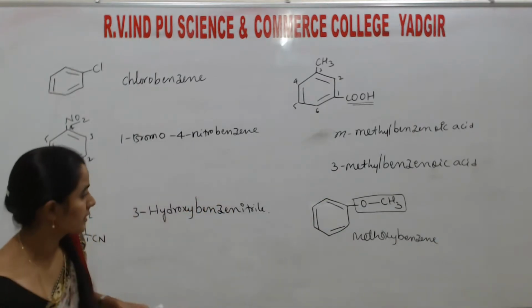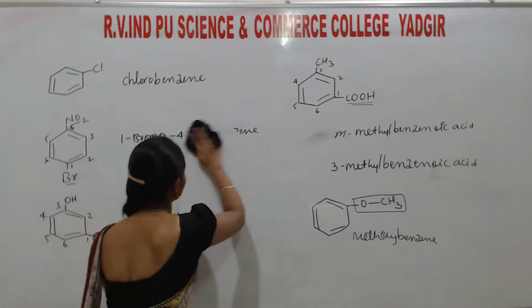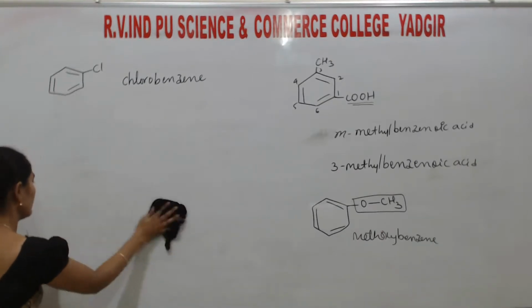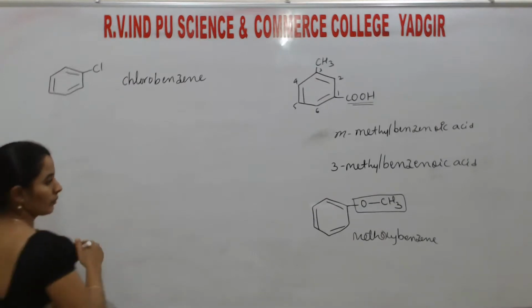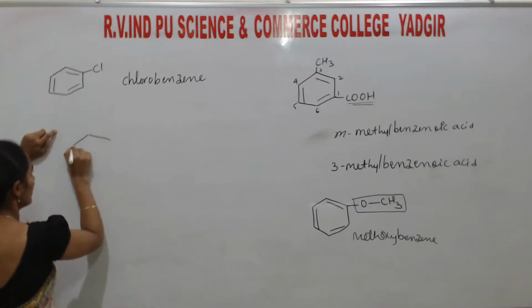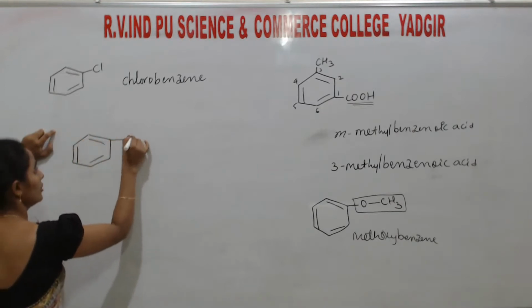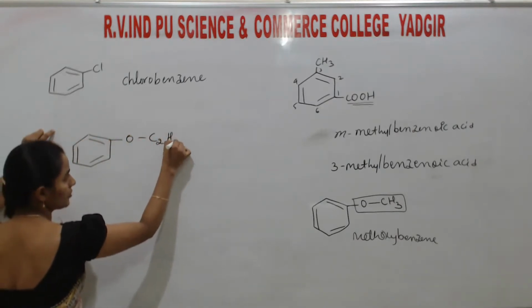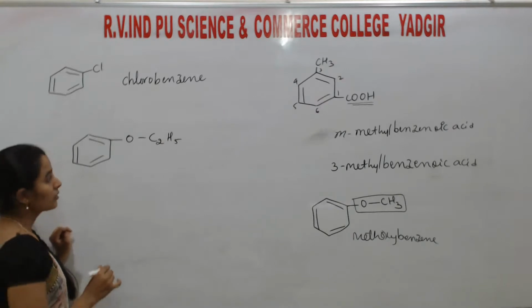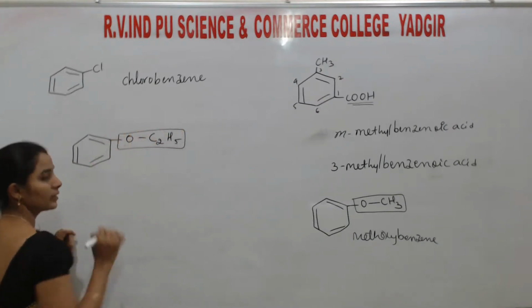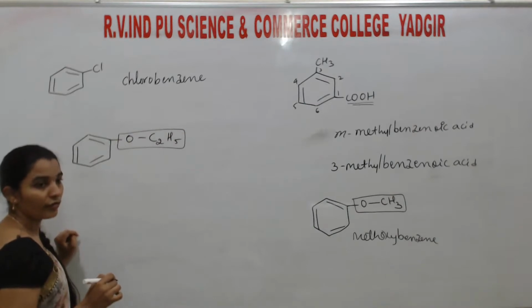Understand? Next, the same example I take. Listen. If instead of that, it is C2H5. So students, even though two carbon atoms are there, this is considered as what? Functional group.